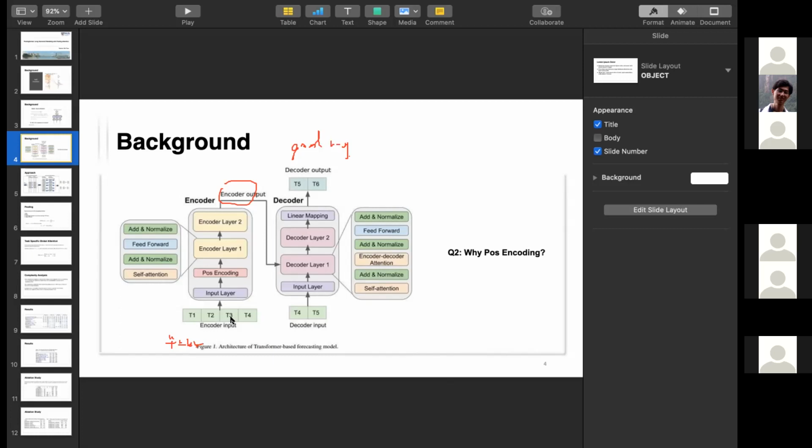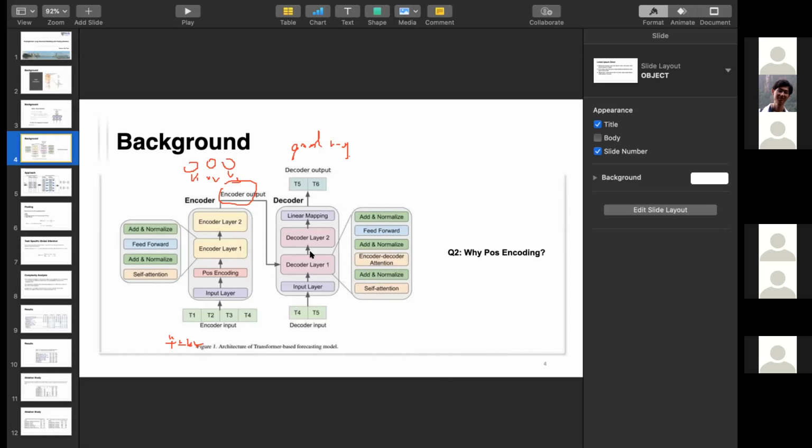In that case, given this architecture, suppose the output of the encoder is three vectors, B1, B2, and B3, right? How will B1, B2, B3 be used in the decoder?